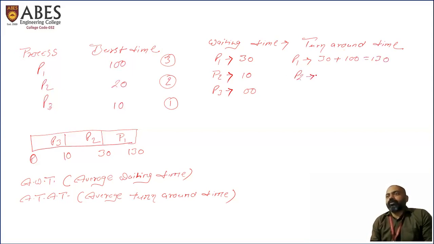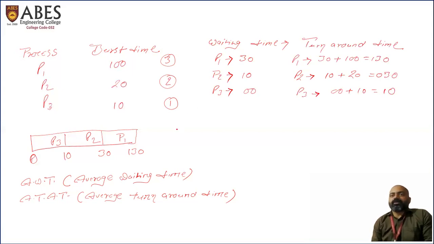For P2, this will be 10 plus burst time of P2, which is 20. This will be 30. And for P3, the turnaround time will be waiting time, which is 0, plus burst time of P3, which is 10. So this will be 10.